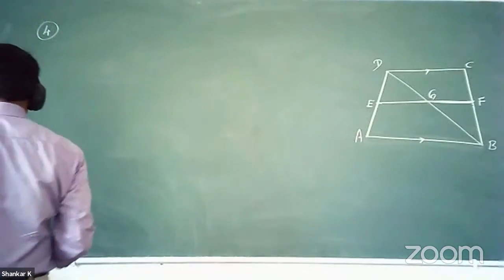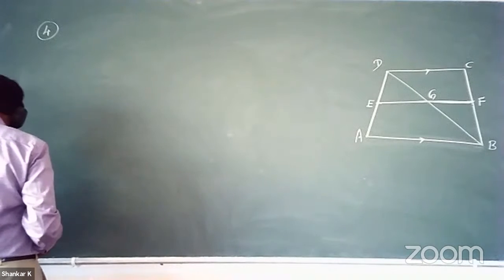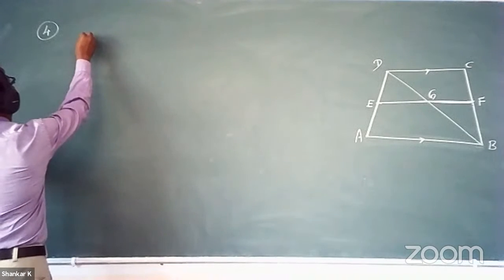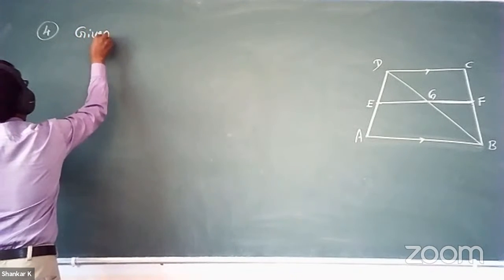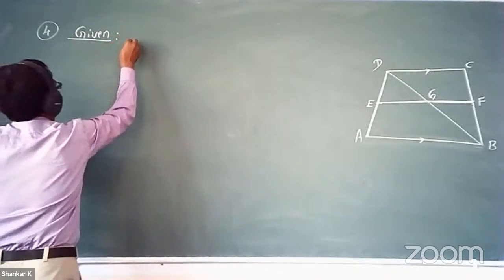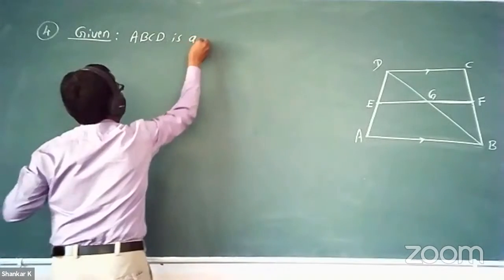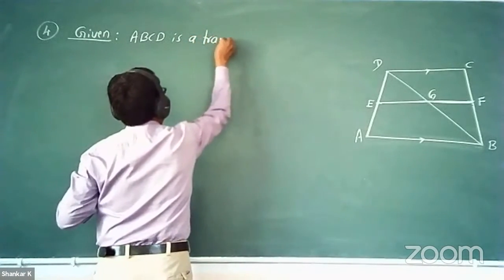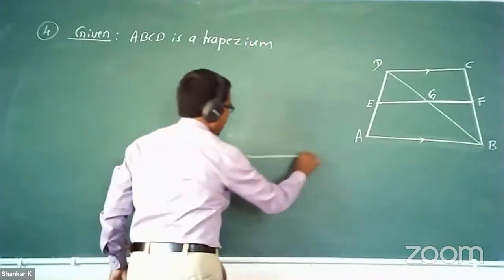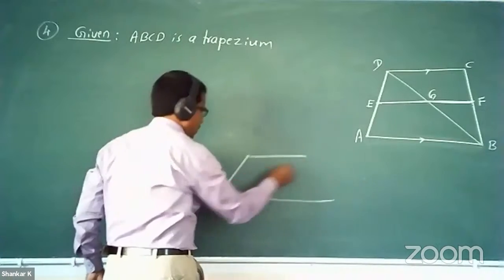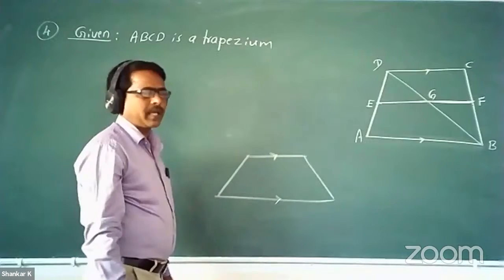We shall write the steps. Construction. What is given? First you write. Given: ABCD is a trapezium. What is a trapezium? A trapezium is a quadrilateral, a four-sided closed figure, in which a pair of opposite sides are parallel.